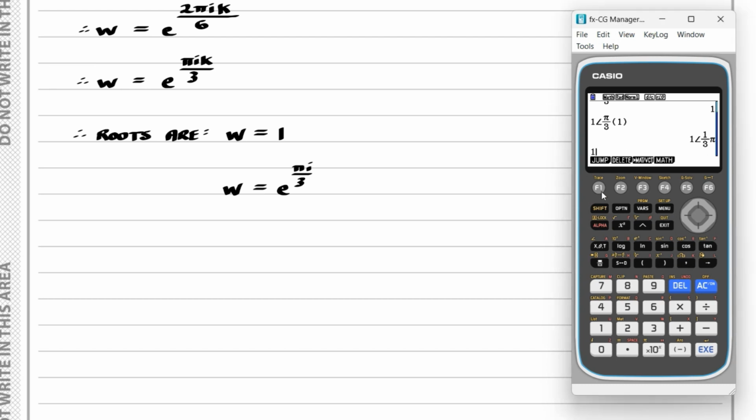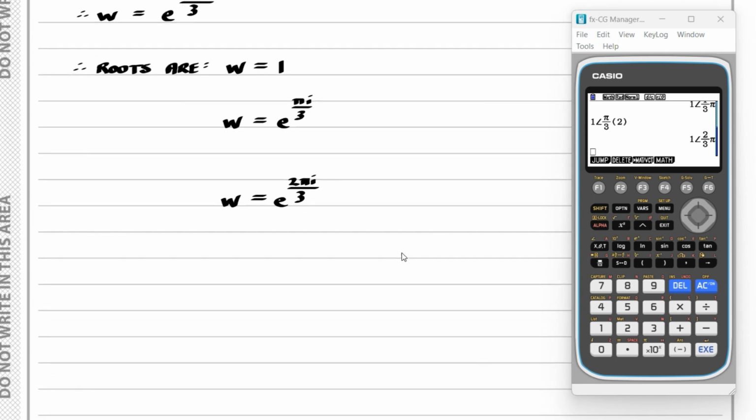Next, I've got 1 for my modulus. My argument will be pi over 3 multiplied by 2. So I get w equals 2 pi i over 3. Next, I've got 1. Then I have my argument being pi over 3 multiplied by 3.